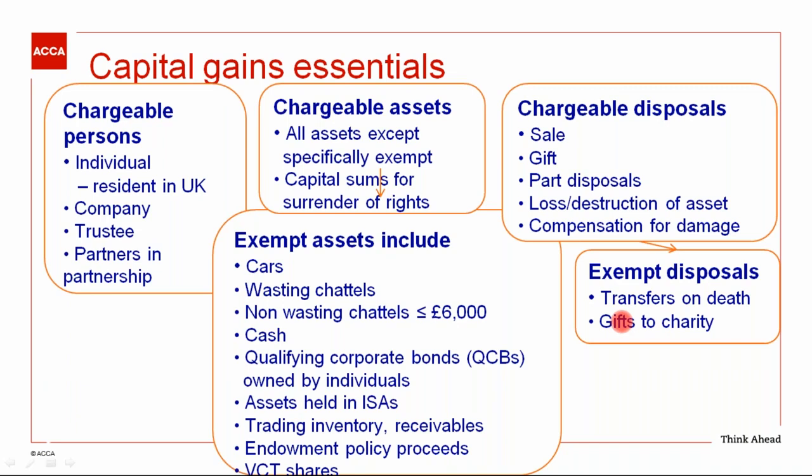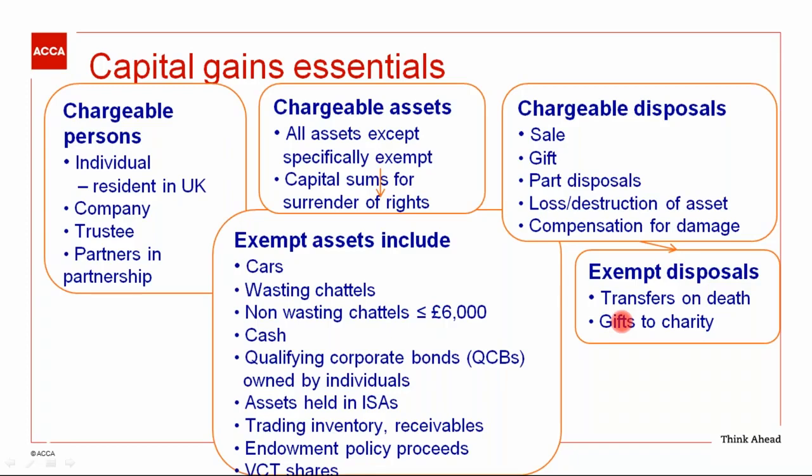If you transfer something on your death, it is exempt from capital gains tax. That means when a person dies and distributes his wealth among his descendants according to a last will, or even without a last will, that will be subject to inheritance tax, but it will not be subject to CGT. On the other hand, if you make a gift to a charity, that is also completely exempt from CGT.